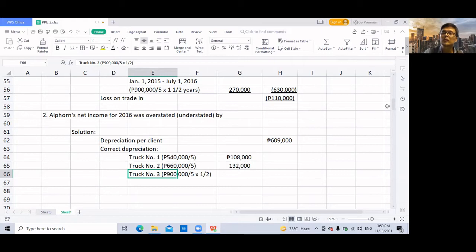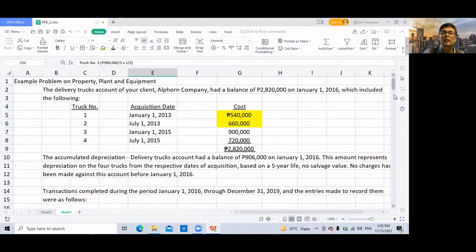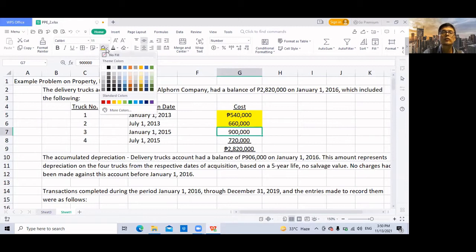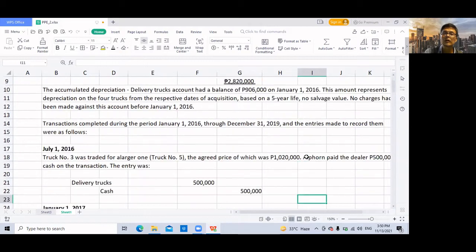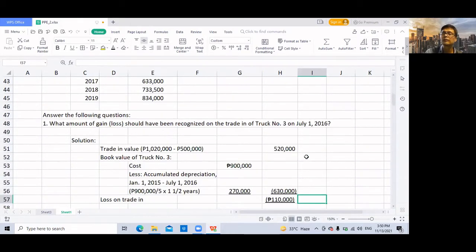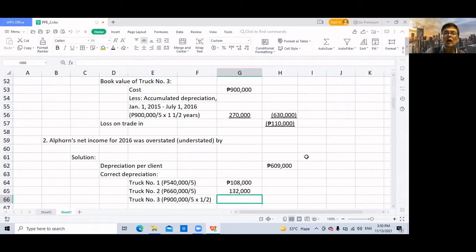And truck number 3 is 900,000, the purchase price of truck number 3, which we saw earlier, before it was traded in. Also divide this by 5 years. However, it was sold in the middle of the year, July 1, 2016, so only half. So 900,000 divided by 5 years times 1/2 is about 90,000.